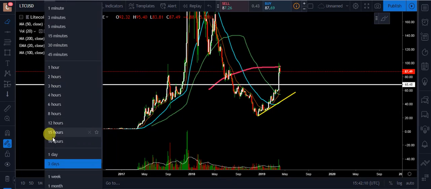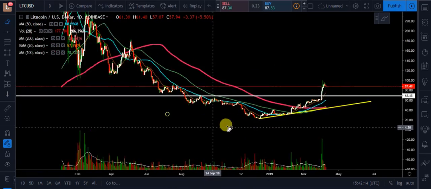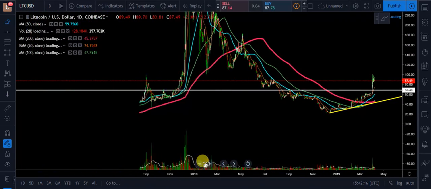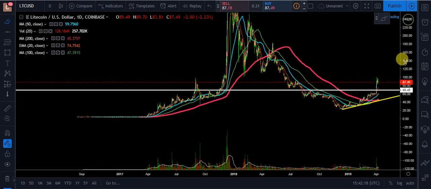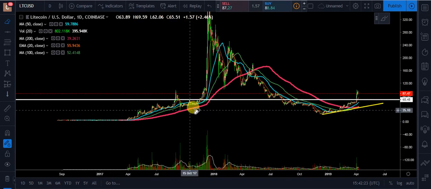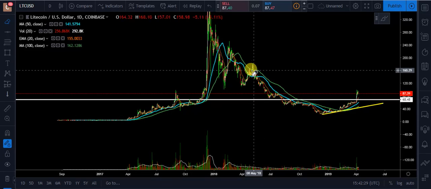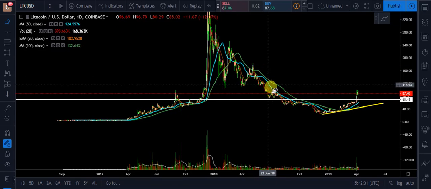Let me go back to this on the 1-day. I apologize for bouncing back and forth, guys, but it's important to see this stuff. So last time when we were in a bull market, take a look. We were up above here in pink. We were up above it the whole time until we fell through it. We officially fell through it around May 10th is when we had that move there. And we started dropping down through.